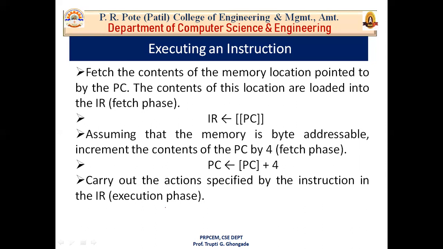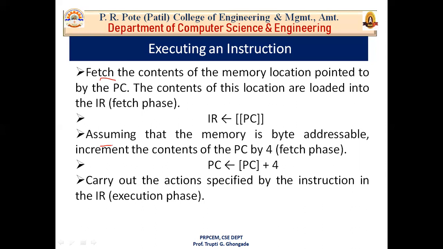For example, whether the processor has to perform addition, subtraction, multiplication, or division. That is your execution phase. So step 1 and step 2 are considered as the fetch phase, and step 3 is considered as the execution phase.